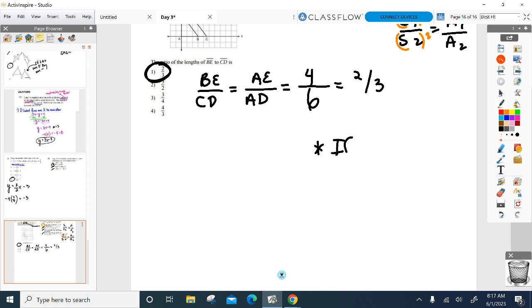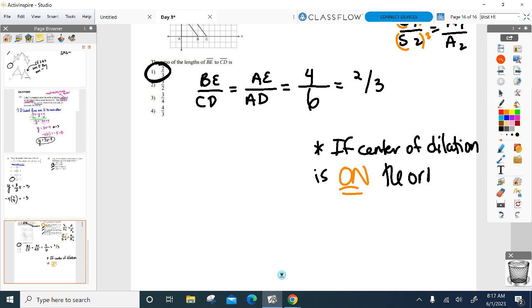So if the center of dilation is on the original line, so it's not the origin, so I can't multiply. It's literally on the line I'm dilating. Anybody remember what happened?